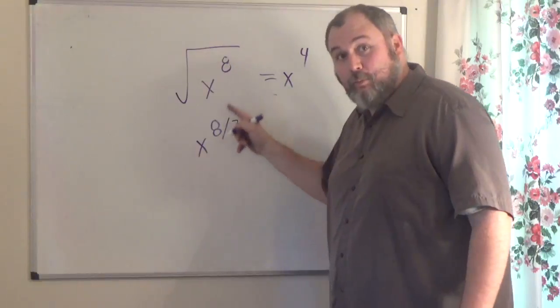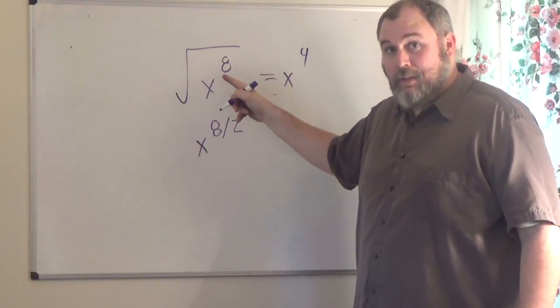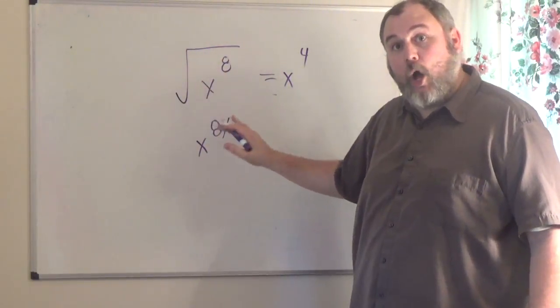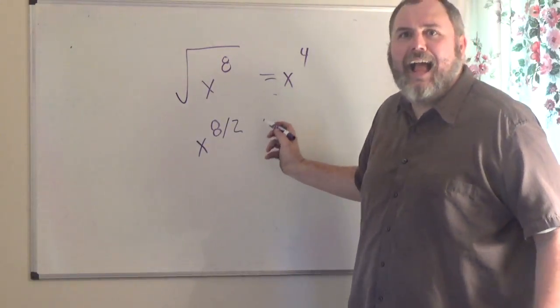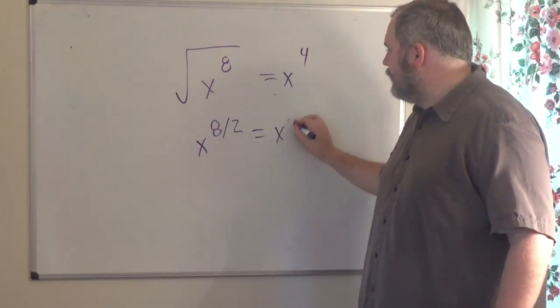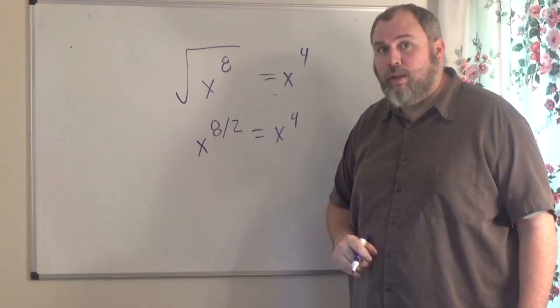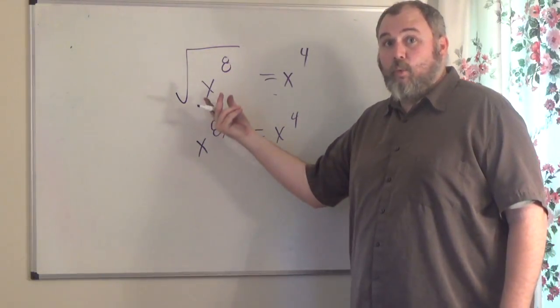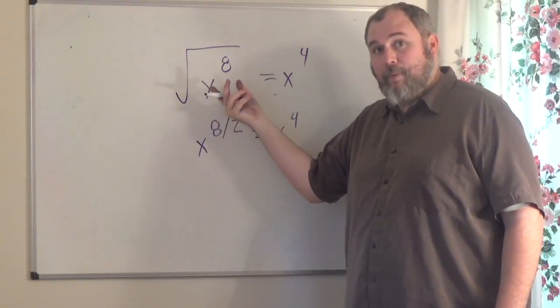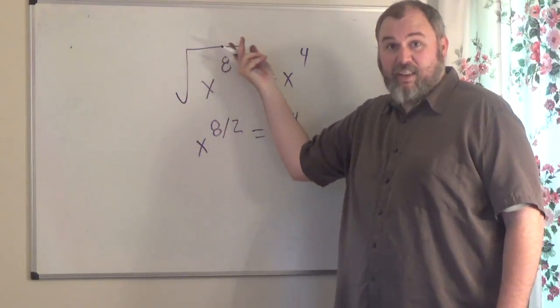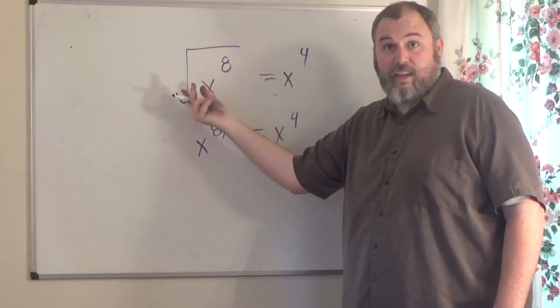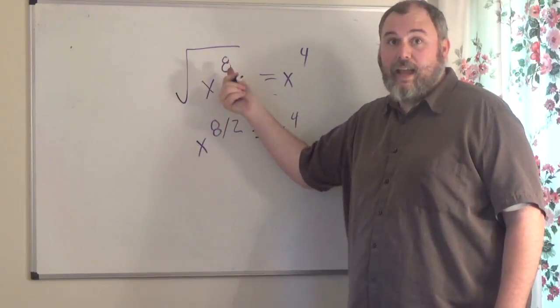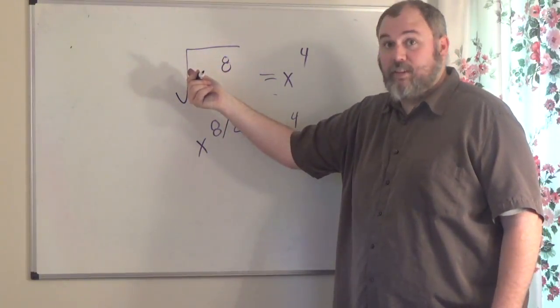Remember from the last video that we talked about this. Well, what's 8 halves? x to the 4th. To me, this is a quicker understanding of the concept: when I'm taking a power and finding the radical, in this case the square root, I'm really going to say 8 divided by that 2.